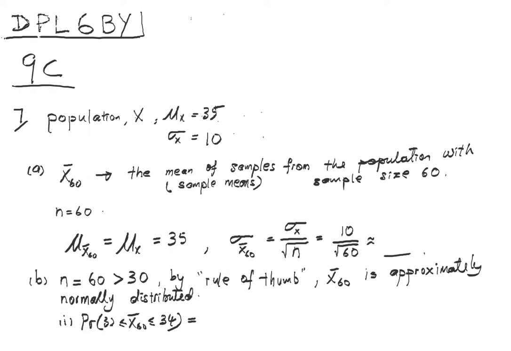You have to key in normal CDF. You know where to call your normal CDF, correct? Lower 32, higher 34, mean 35, and standard deviation just key in 10 over square root of 60, so that you can get the exact value.